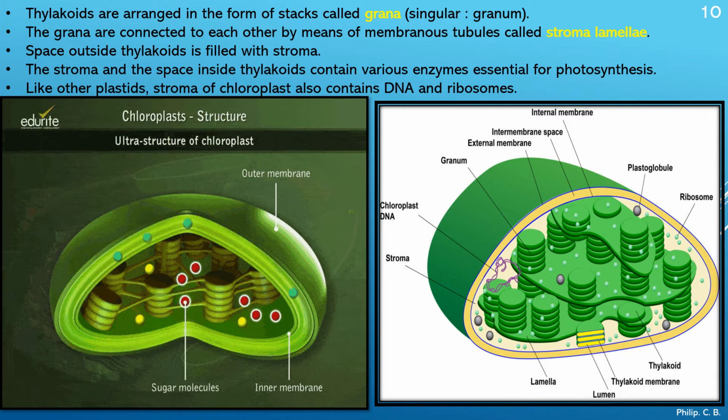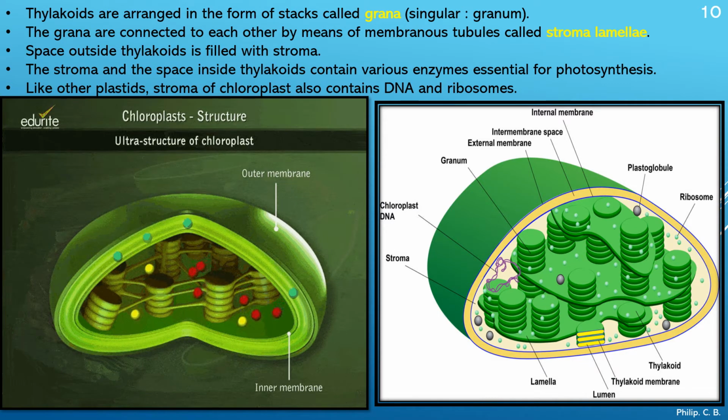Like other plastids, the stroma of the chloroplast contains DNA and ribosomes. That is why they can carry out various activities on their own, because of the presence of DNA and ribosomes, which are also present in mitochondria. Towards the left, you can see the ultrastructure of the chloroplast, a section of the chloroplast.